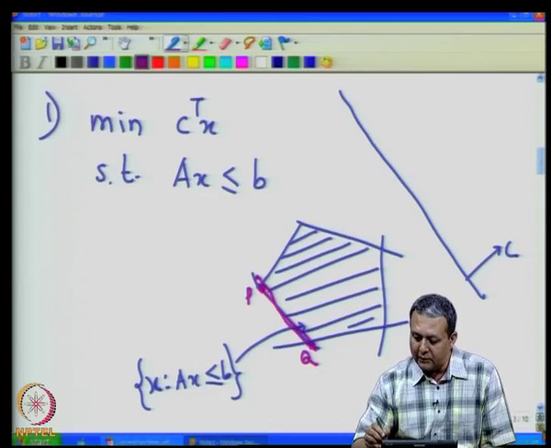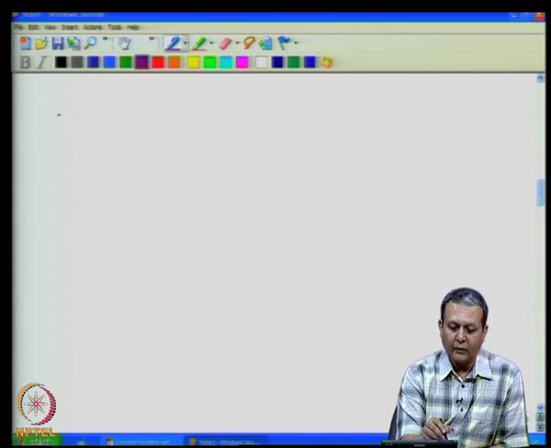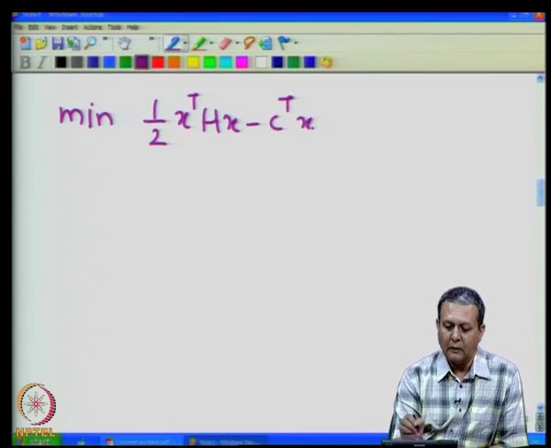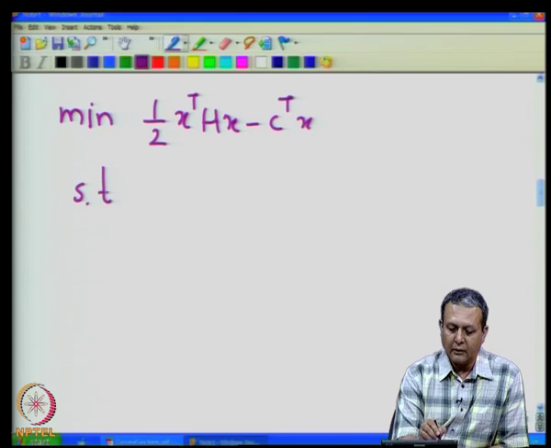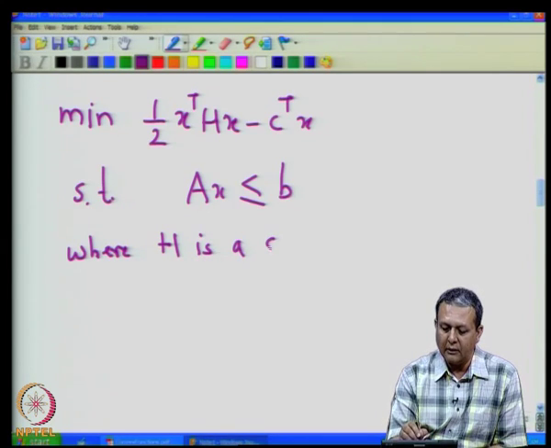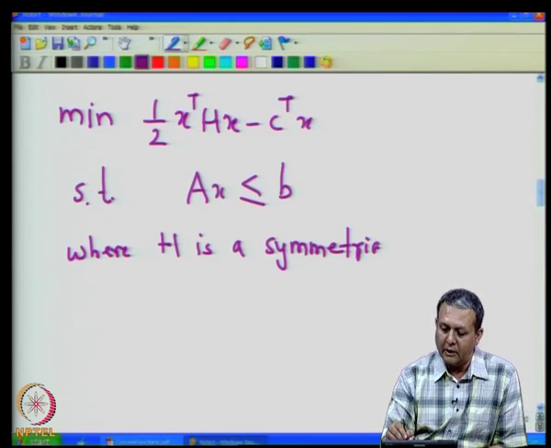Now, let us see some more examples. Let us consider the problem: minimize half of x transpose H x minus C transpose x, subject to the constraint that A x less than or equal to b, where H is a symmetric positive definite matrix.